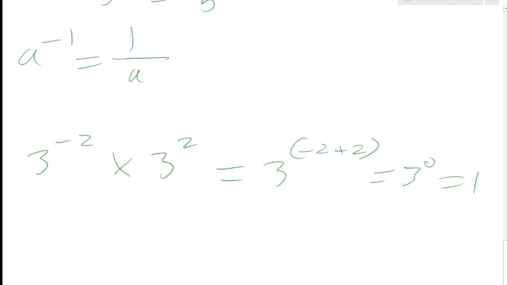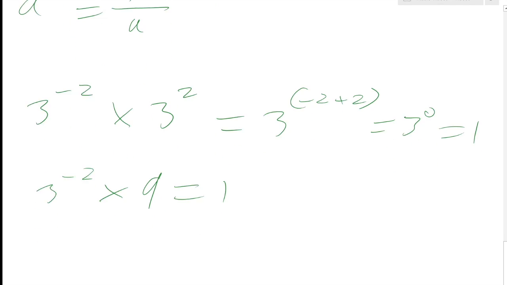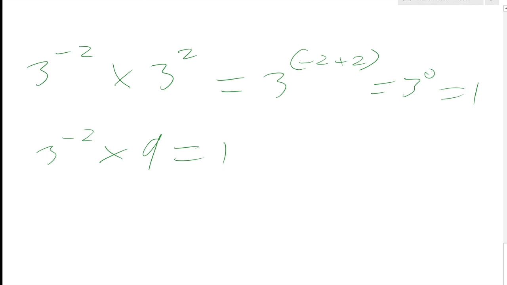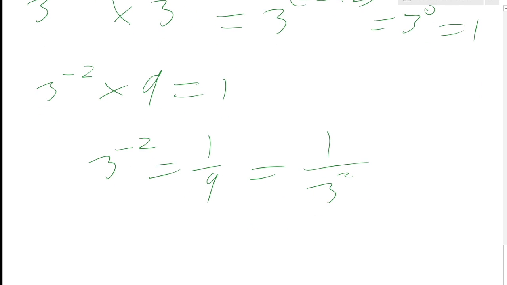So we get that 3 to the minus 2 times 9 equals 1. And then again, dividing through by 9, we get 3 to the minus 2 equals 1 over 9, which equals 1 over 3 squared. And the general rule is if you have some number a to the power of negative n, that equals 1 over a to the n. And that is how you do negative powers.